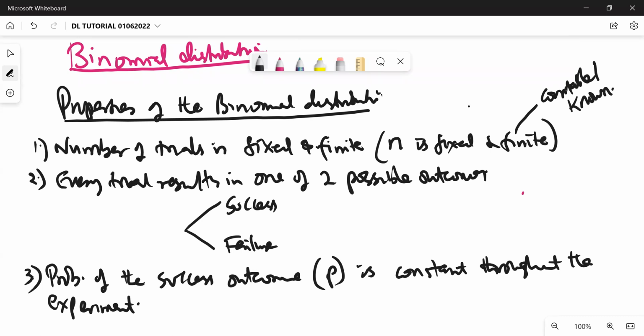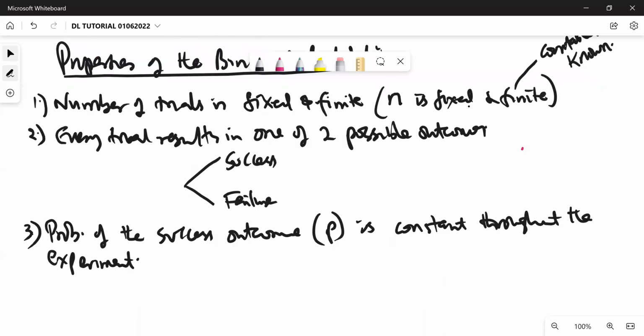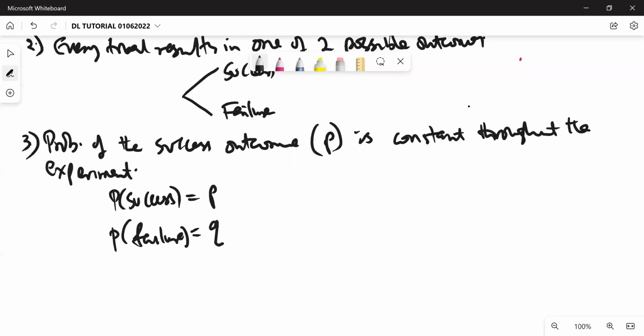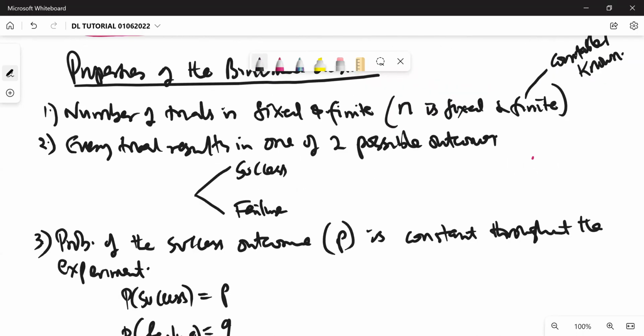It remains the same throughout the experiment. So we're saying that the probability of success is what we're calling P. And on the other hand, the probability of failure, we denote using the letter Q.